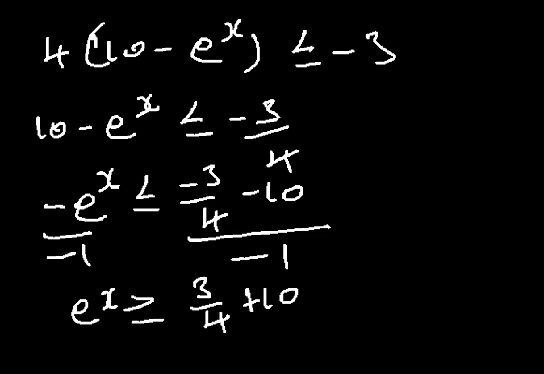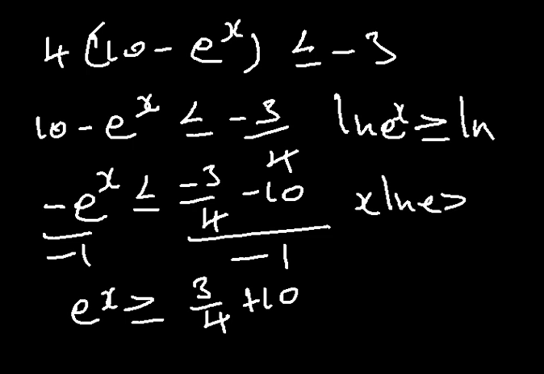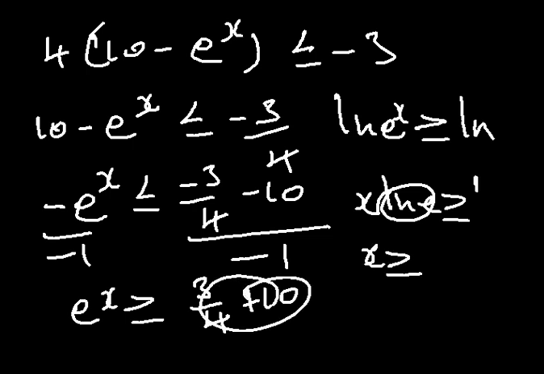That will be ln e to the power x greater than or equal to ln of whatever we have upon having this as a single fraction, and we'll have x ln e, greater than or equal to whatever we have here. Then ln e is 1. That will be the solution, the ln of whatever we have here.